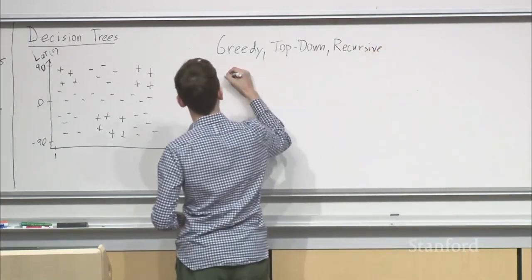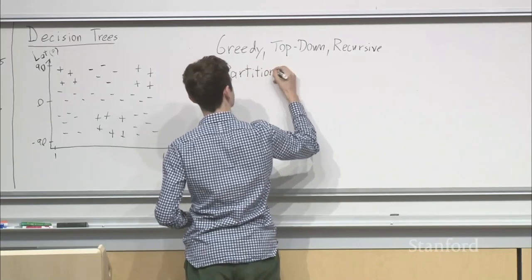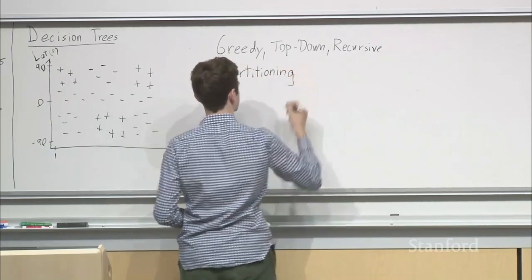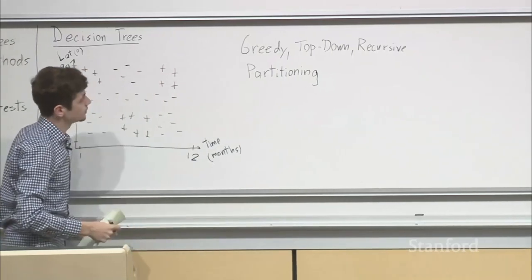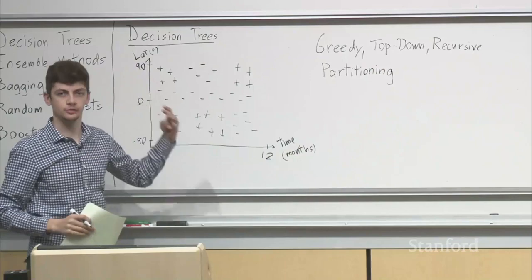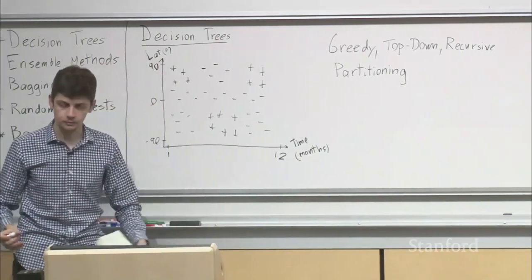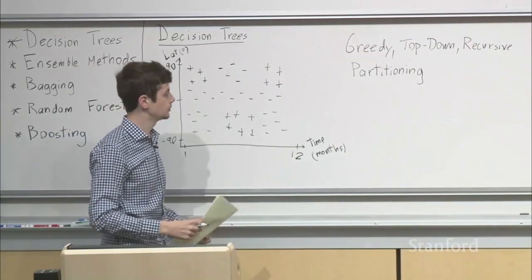This would be recursive partitioning. It's top down because we're starting with the overall region and slowly partitioning it up. And it's greedy because at each step we want to pick the best partition possible.